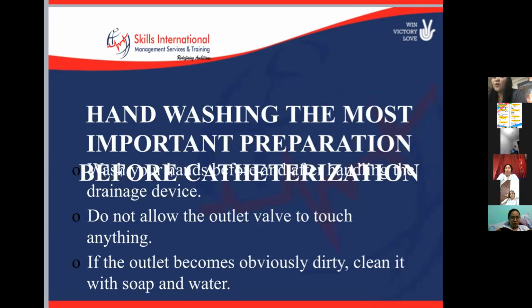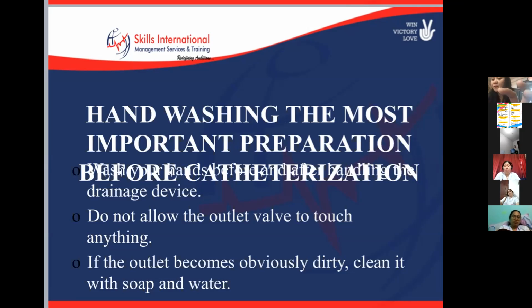Now, hand washing is the most important preparation before you do catheterization. Do not allow an outlet valve to touch anything. Once you have washed your hands, you hold with you all the devices and things that you need, and after that, do not allow an outlet valve to touch anything.